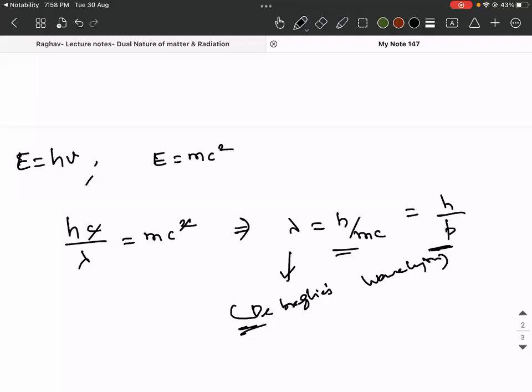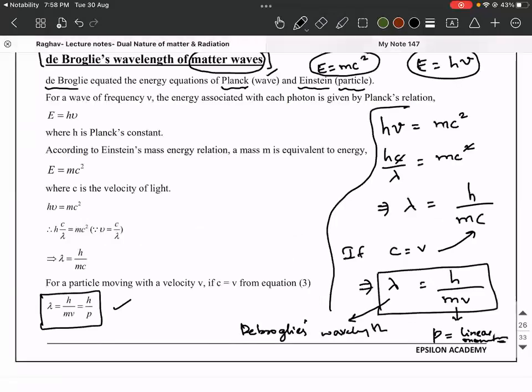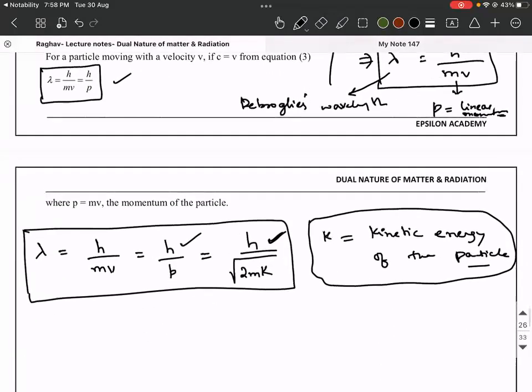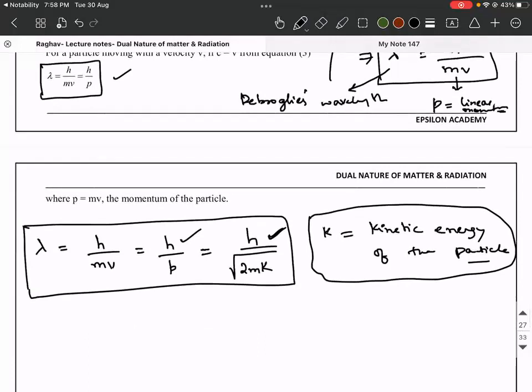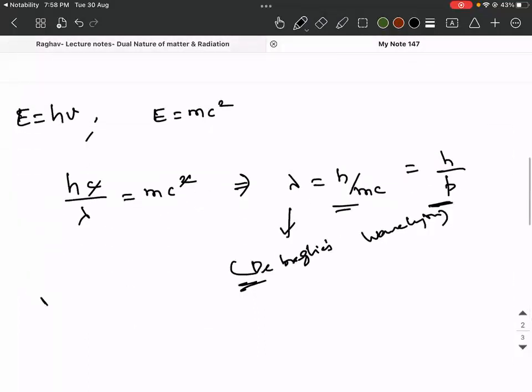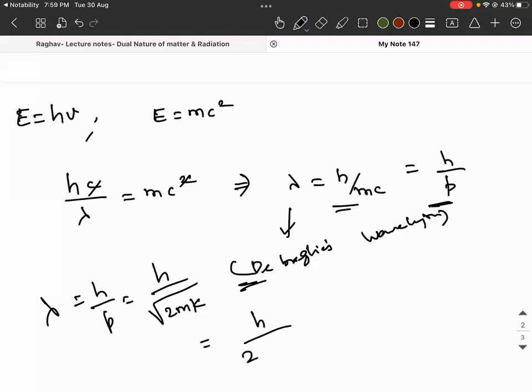Then in 11th standard atomic structure, chemistry, there is another Heisenberg's uncertainty principle. And one more equation that you can write is lambda is equal to h by p, or h by root of 2m into K, because linear momentum is root of 2 times mass into kinetic energy.